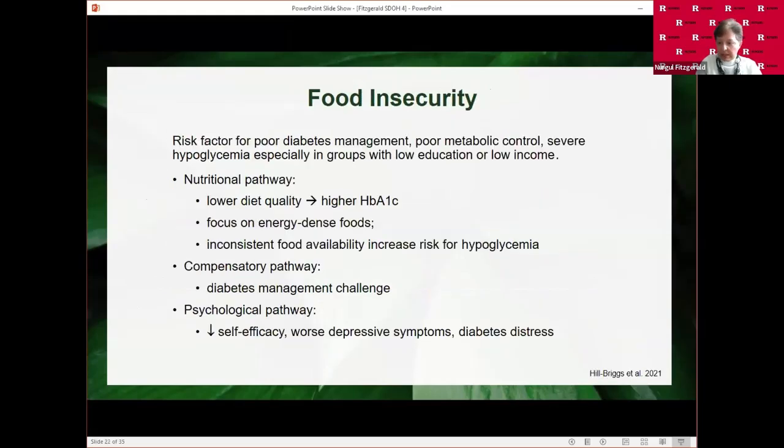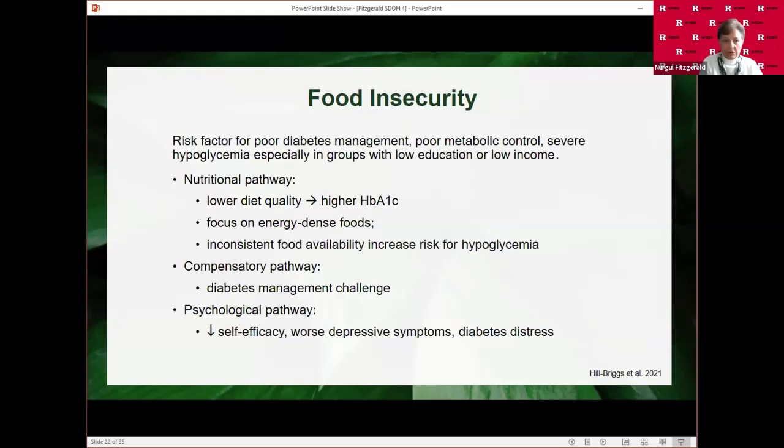Another element I want to focus on in this slide is food insecurity, because we know that food insecurity is a risk factor for poor diabetes management, metabolic control, hypoglycemia prevention, and especially in groups with low education and low income. There are different pathways leading to these outcomes.